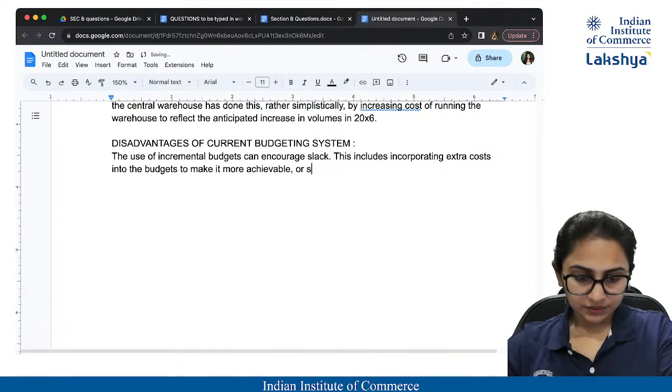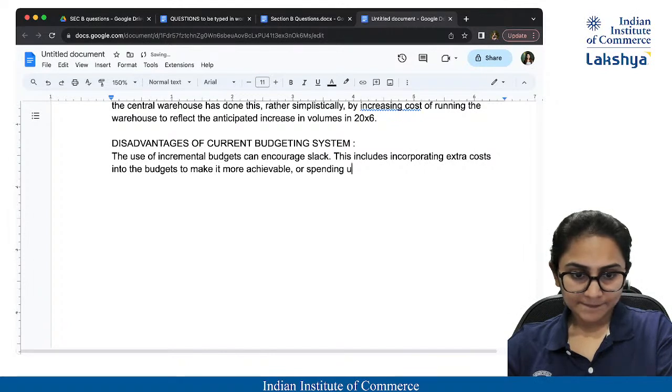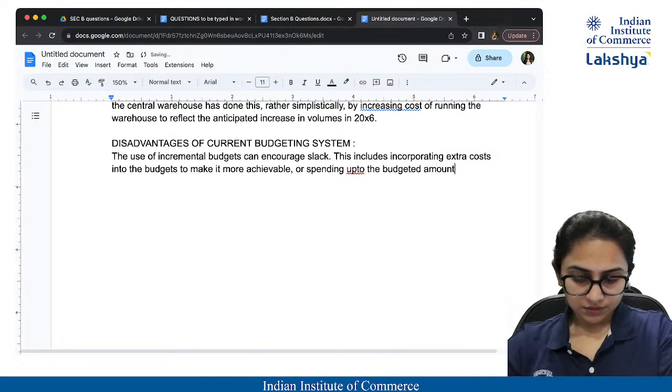Or spending up to the budgeted amount to ensure that a larger budget is set next year.